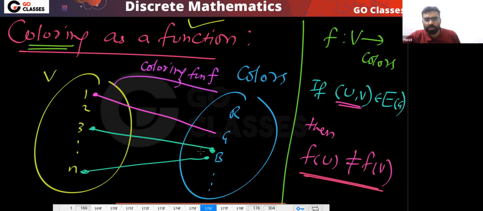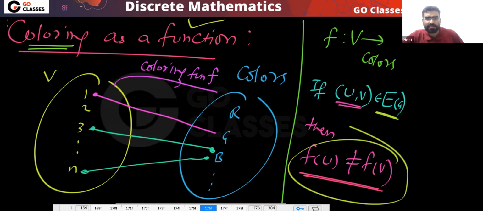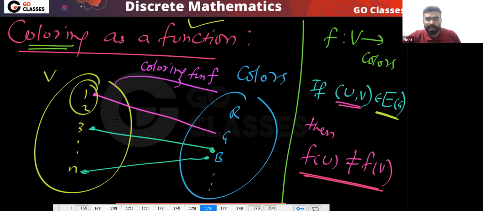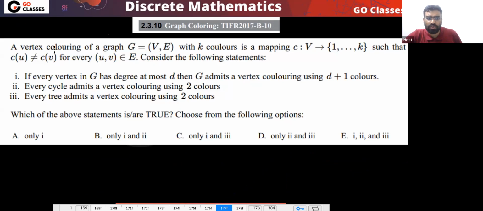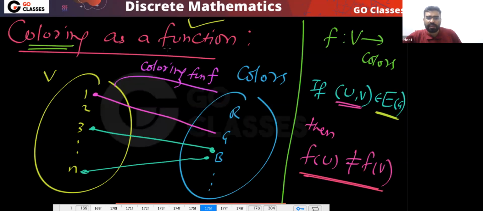If two vertices u, v are adjacent, then they should get different colors. So this is the definition of coloring as a function. Is this clear?